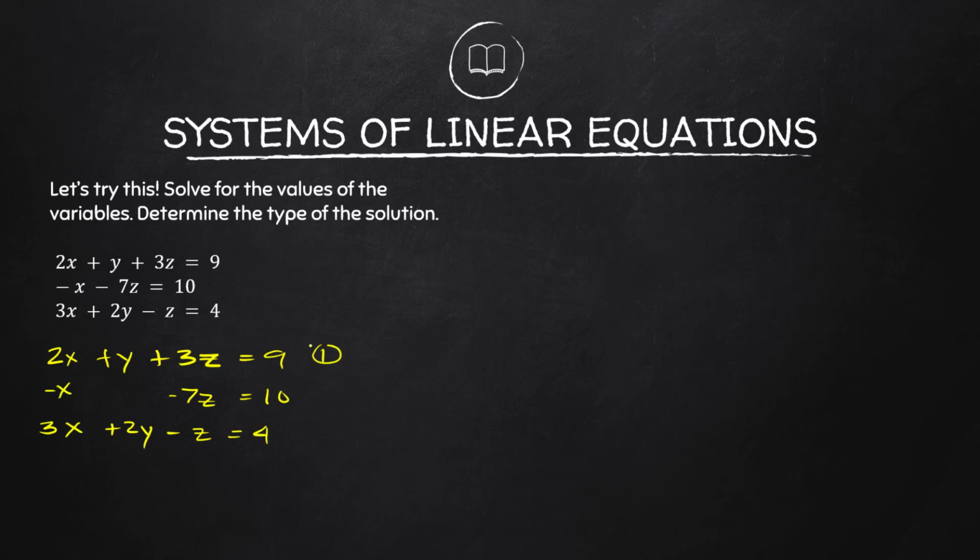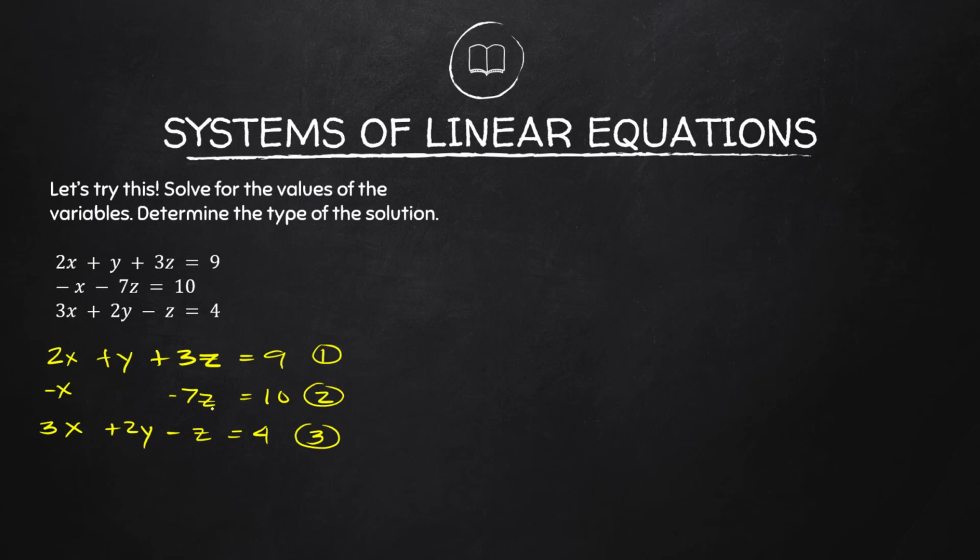I'll call this equation 1, equation 2, and equation 3. So to find the solution of the system of linear equations, we can use a combination of the substitution method and the elimination method, whichever is easier or more efficient. So let's take a look at the second equation. Notice that it involves only two variables.